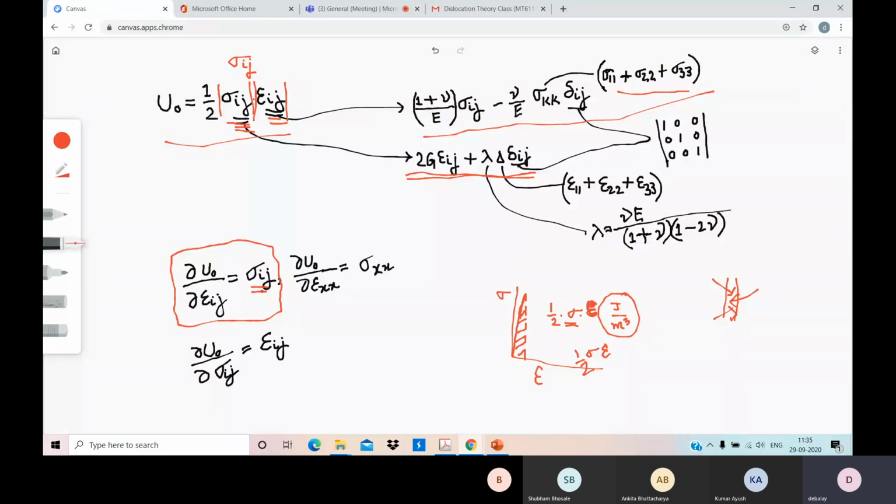Similarly, if you take the derivative with respect to a stress component, you will get the corresponding strain component. For example, del U naught by del epsilon xx, you will get sigma xx. Similarly, del U naught by del sigma xx, you will get epsilon xx. If you do the derivative with respect to epsilon xy, you will get sigma xy. That is the beauty.